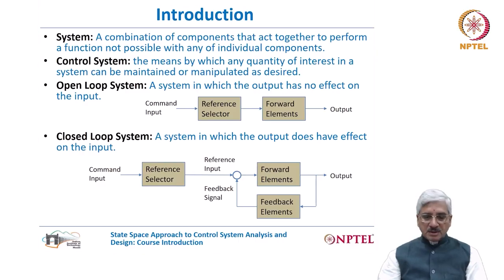So in a closed loop system, there is a provision of feeding the output back to the input side, and the output does have an effect on the input. The difference between the reference input and the feedback signal, that error or actuating signal, enters the forward elements and the desired output is produced.